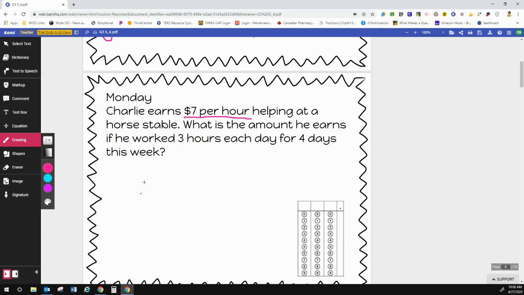Well, I know he works 3 hours each day. And I know he does that for 4 days. So 3 hours per day, and he does it for 4. So I've got 3 groups of 4. What's 3 times 4? Right, that's 12.